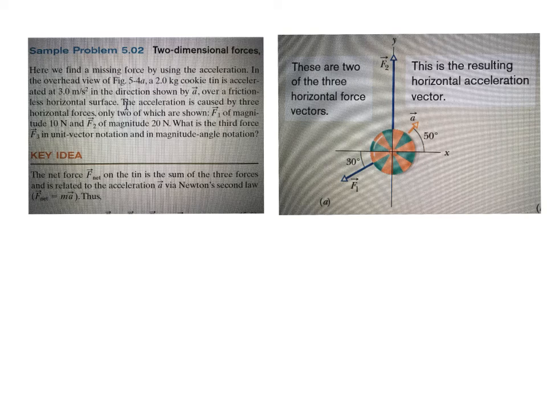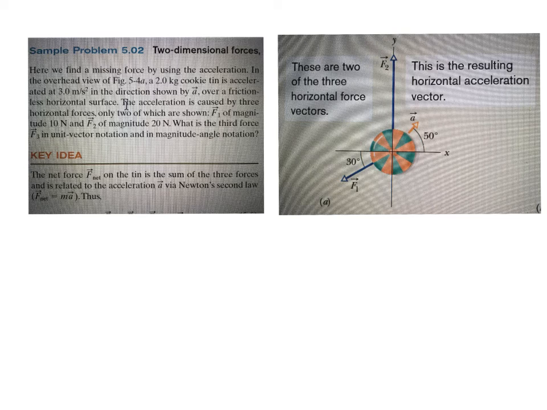F1 is shown, and F2, which is on the y-axis. It's kind of hard to see it. So those 2 forces are given, and the question is, what is the third force that causes this acceleration?